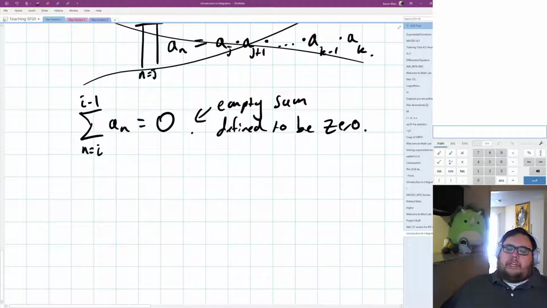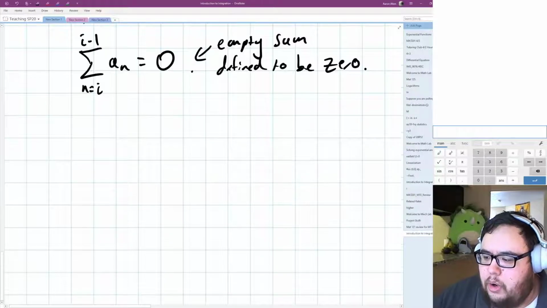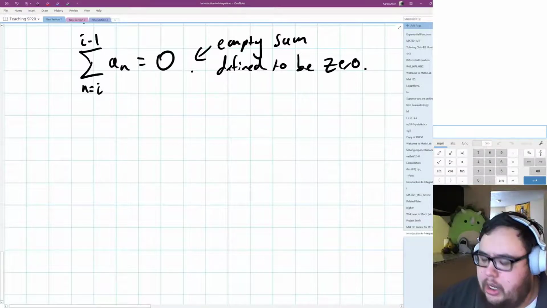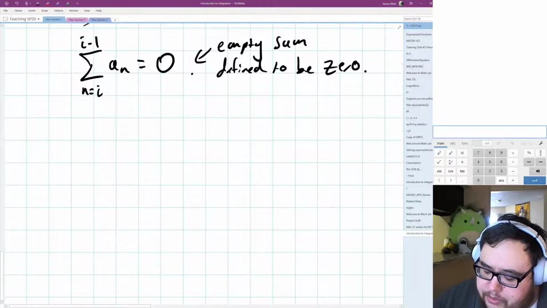So there are some really nice properties of sums that you see. Some of them should remind you of properties of derivatives.